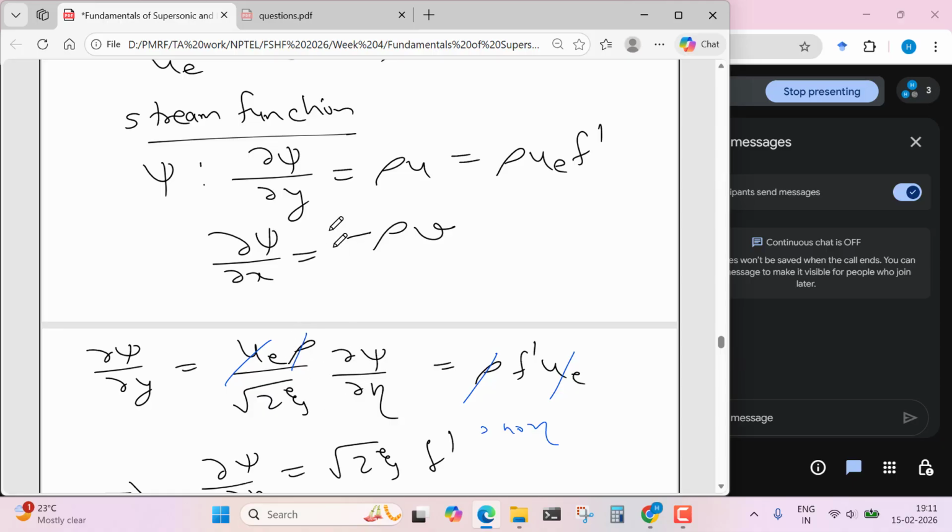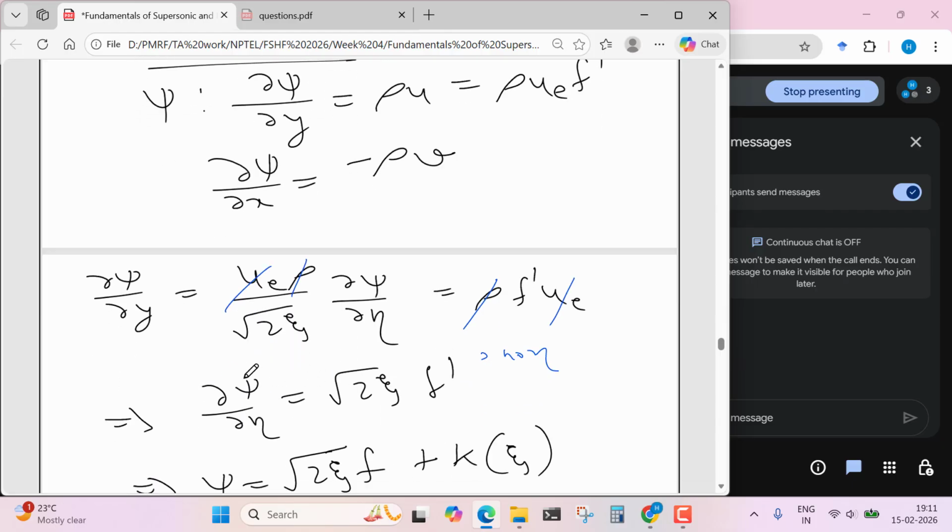And this will be equal to, from this stream function, ρ ue f'. Here ρ we can cancel, ue we can cancel, then we can get ∂ψ/∂η equal to, taking on the right hand side, √(2ξ) f'.